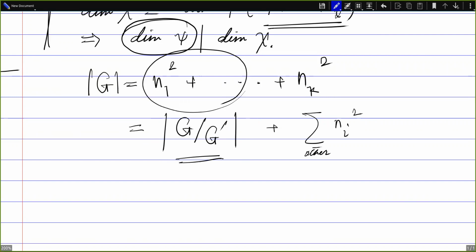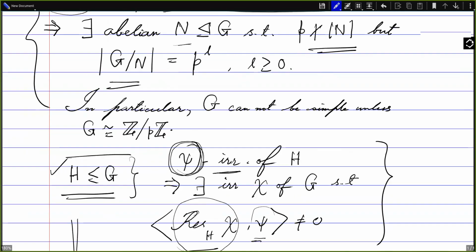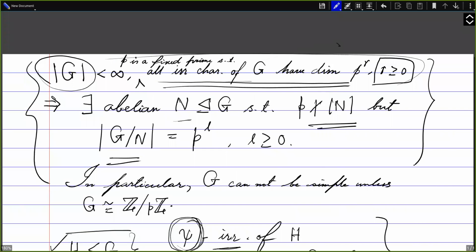Now let's see the following. If G is abelian, then nothing is here, right? Because all ni's are 1. So if G is abelian, then this statement is already true.